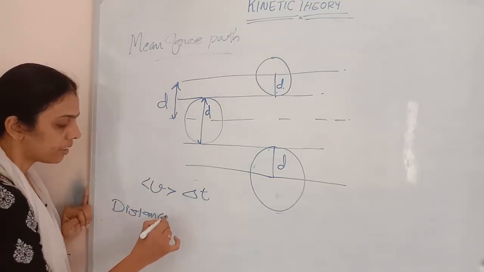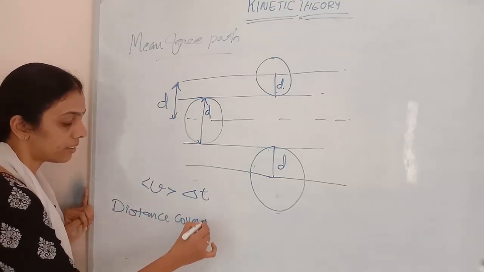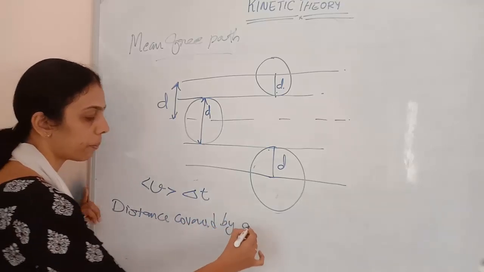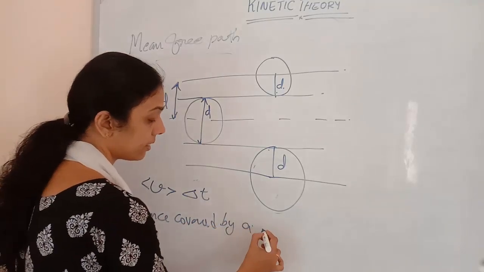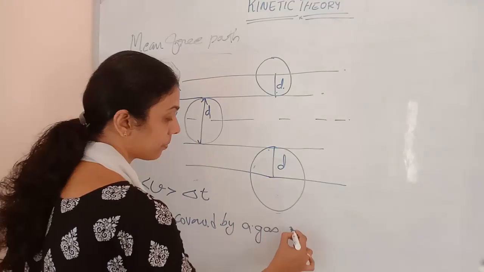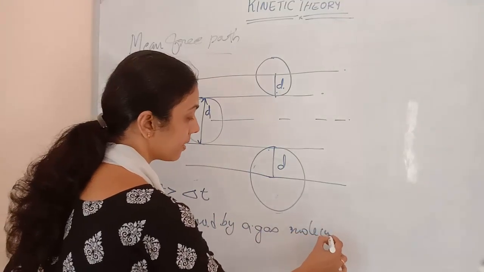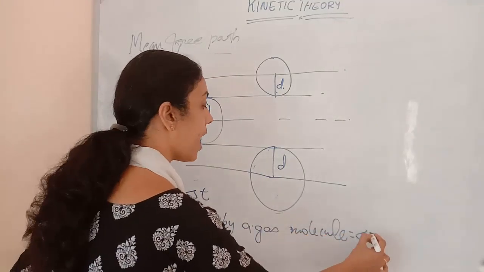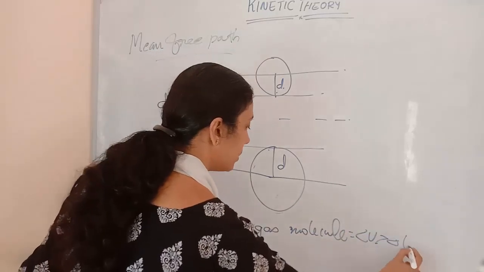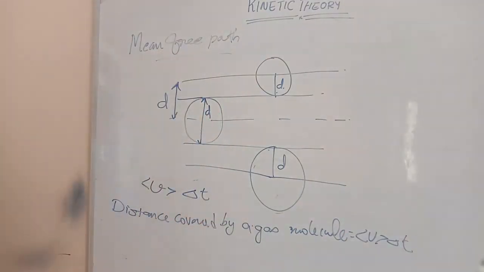The distance covered by a gas molecule is the average velocity into time.